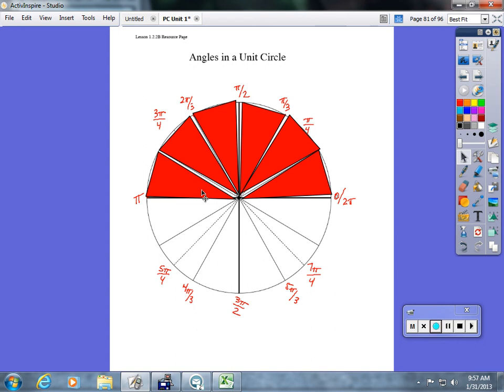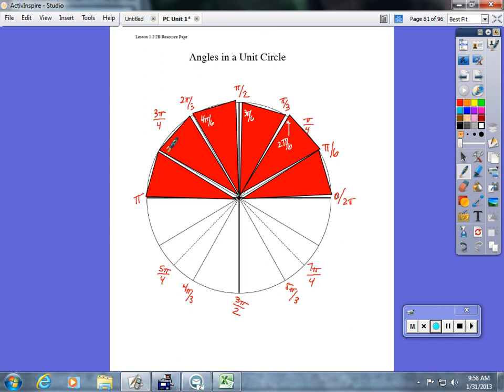Okay, so the reason I'm showing you that is because I want you to know that this is pi over 6. This second piece would be 2 pi over 6, okay, but 2 and 6 reduces to 1/3. And then we would have 3 pi over 6, but 3 over 6 reduces to 1/2. And then we would have 4 pi over 6, but 4 over 6 reduces to 2/3.